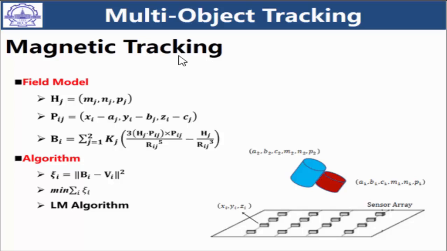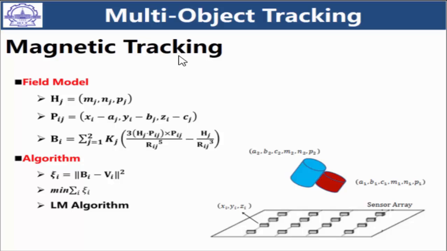And after that, we can use an optimization method to minimize the errors between the sampled value and the theoretical value. Here we use the LM algorithm. By using this method, we can obtain the position and orientation of each magnet.